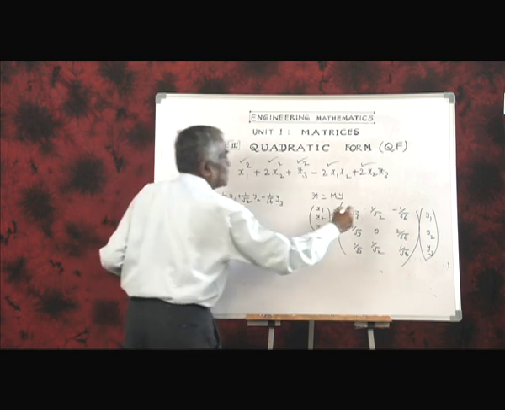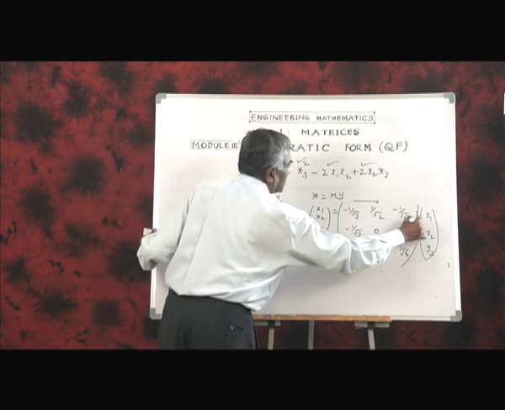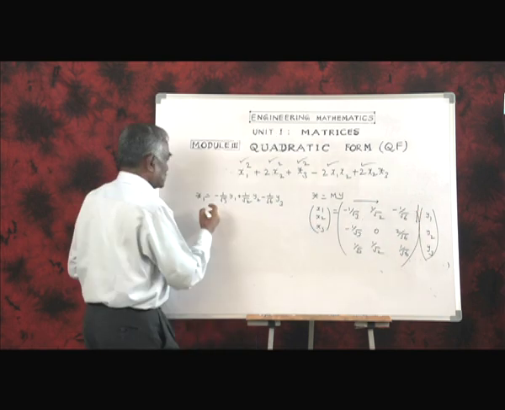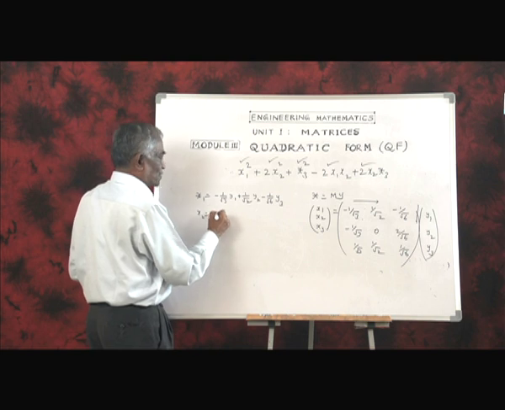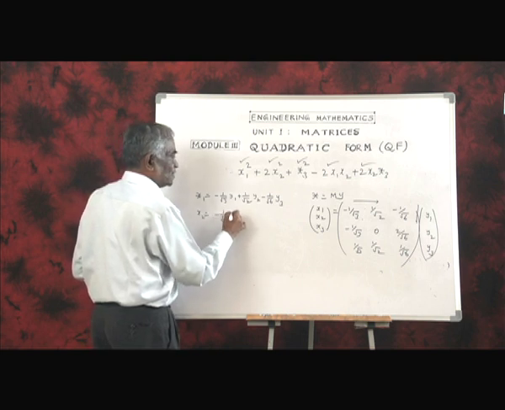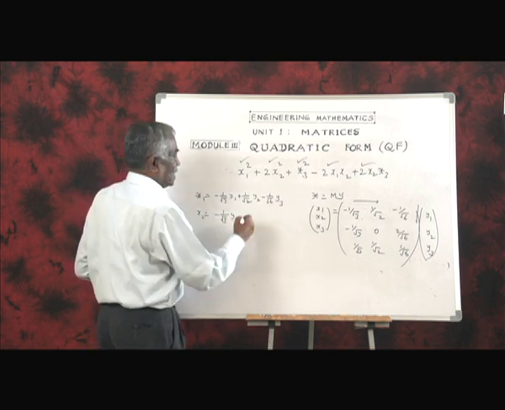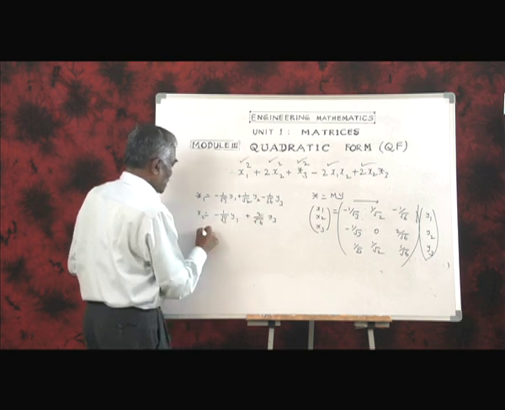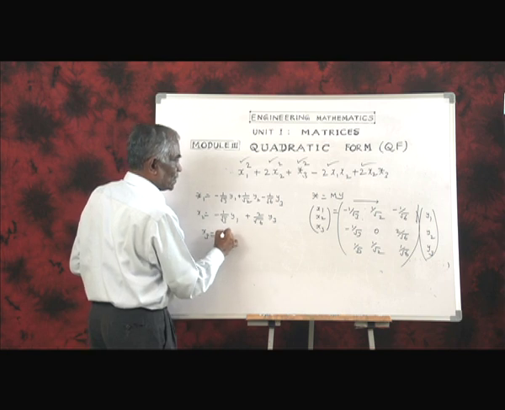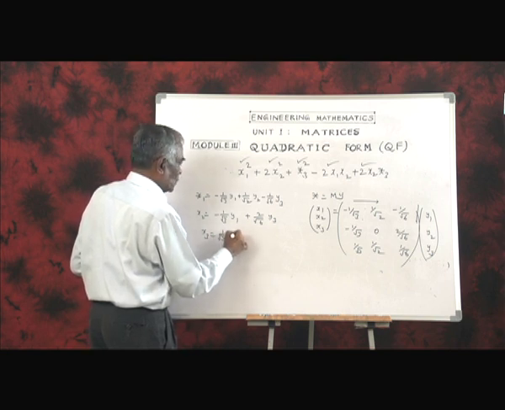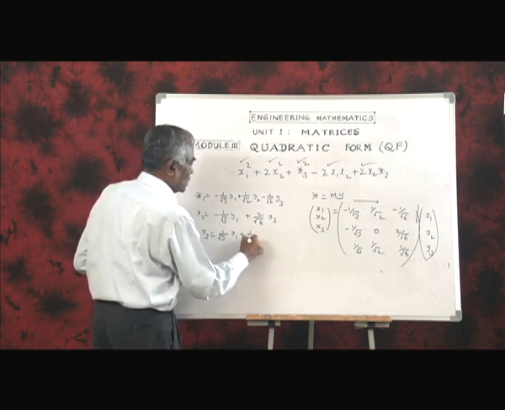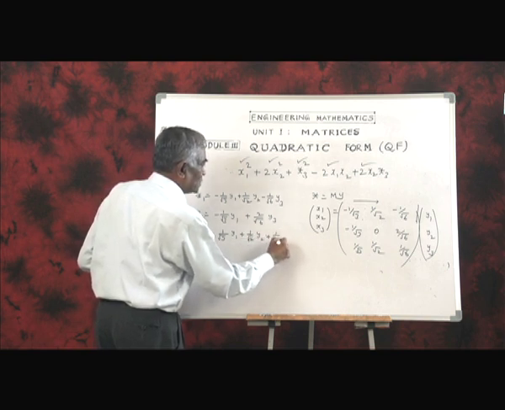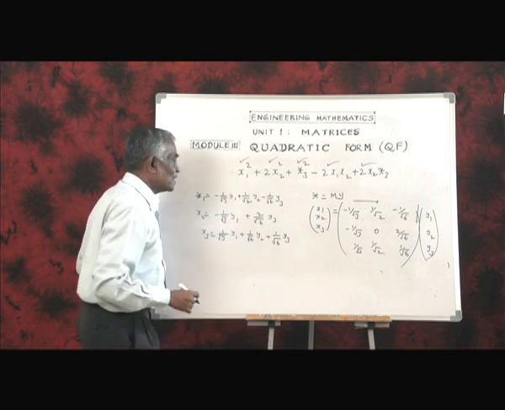How do we get this? Usual row-column multiplication: this into y1 plus this into y2 plus this into y3. Similarly, x2 is equal to minus 1 by root 3 y1, of course 0 for the next term, then plus 2 by root 6 y3. Then x3 is equal to 1 by root 3 y1 plus 1 by root 2 y2 plus 1 by root 6 y3.